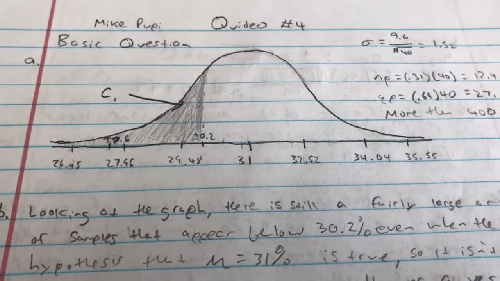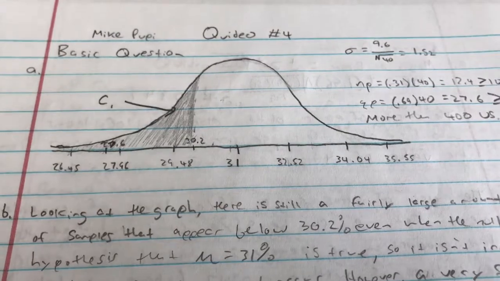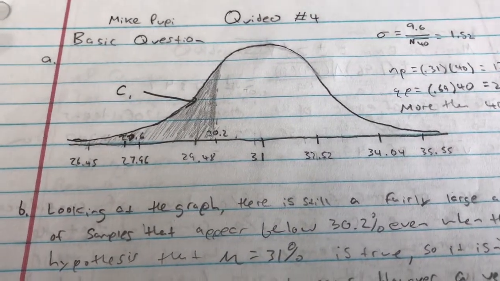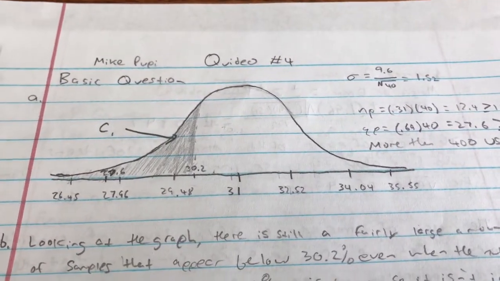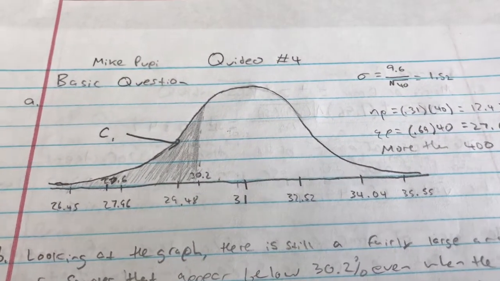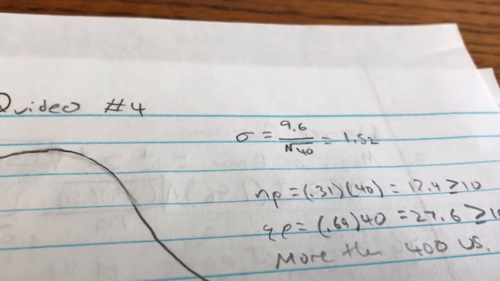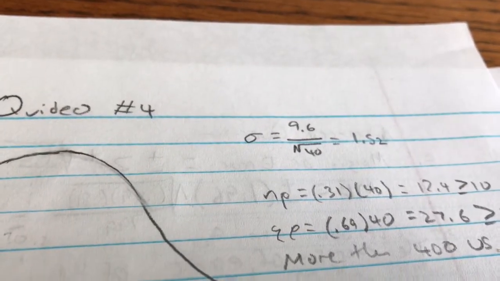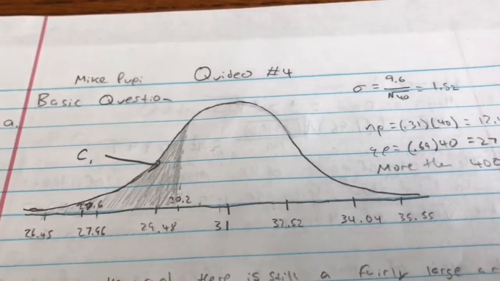And so in order to sketch the sampling distribution, first you need to know what the mean is, which is 31%. We are assuming that because we start out assuming the null hypothesis to be correct. And then to find our standard deviation, we take the standard deviation of the population and divide it by root 40, and you get about 1.52, which you would expect to be less.